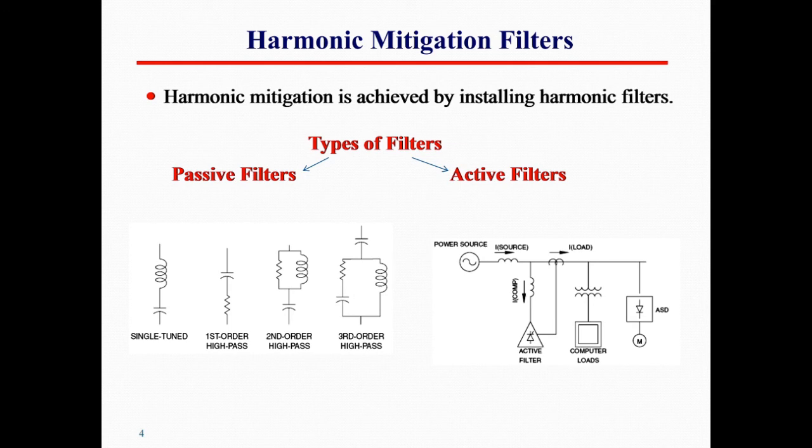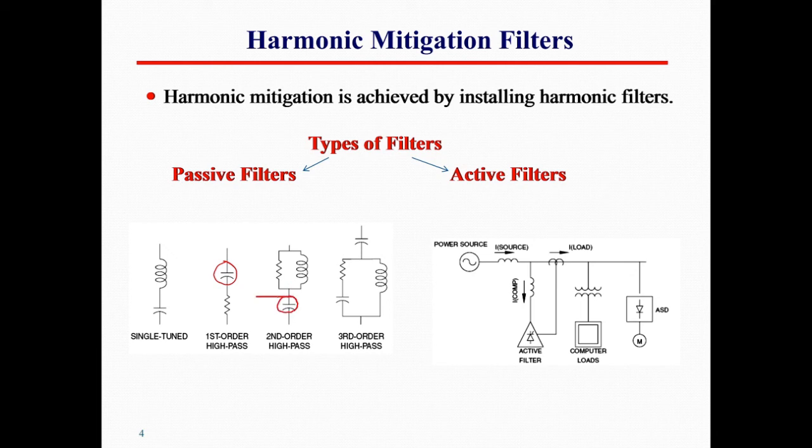If we look at the passive filter, we have different designs of passive filter. We can have single tuned filter. This one will take care of a certain harmonic. We can have what we call first order high pass filter. We call it first order because we have only one capacitor, and this one we call second order because we have two elements.